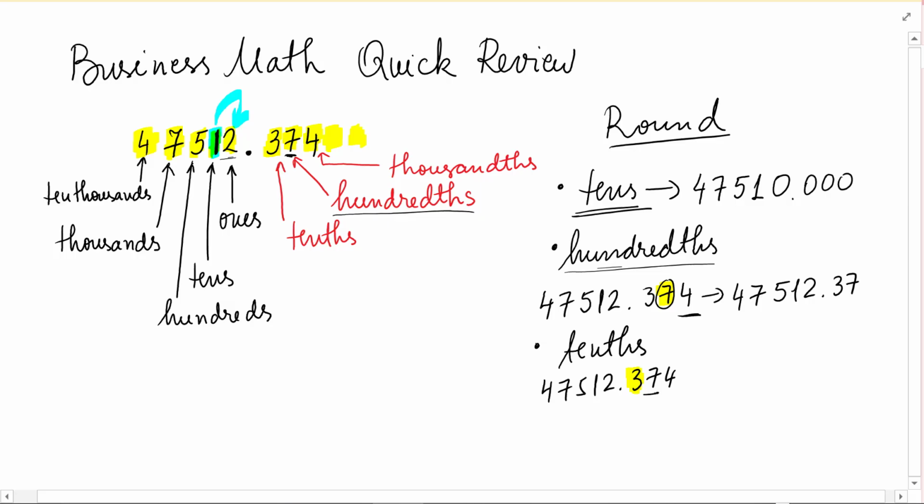That's 7, and because it's more than 5, this digit here we're going to add 1 to it. So our number is going to be 47,512.4. And then the decimals after that are gone. So to the nearest tenth, our number ends at the tenth position. So 47,512.4.